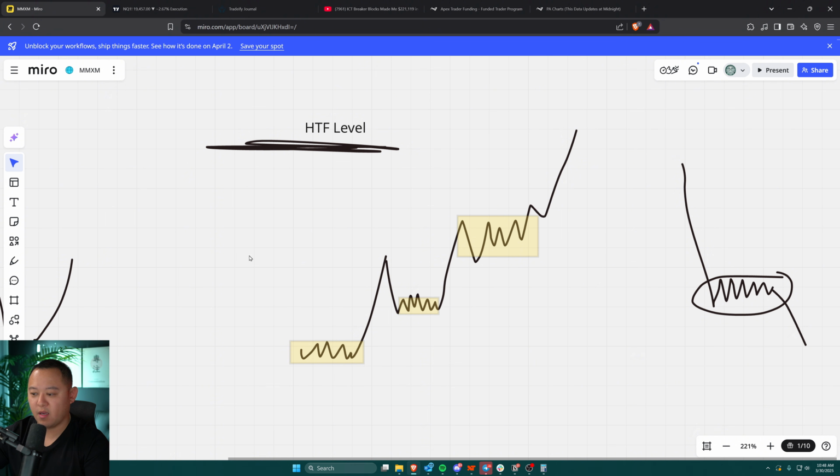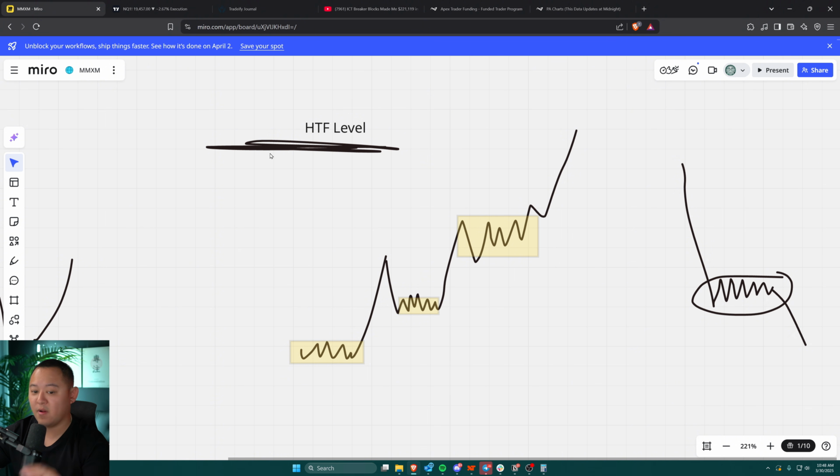Now, your time frame is going to matter based on where you're identifying the market maker model. But the high time frame level will usually come from a time frame that's above where you're doing your analysis. So if I was identifying a market maker model on, say, the daily time frame, maybe I'm trying to identify a monthly high or low, or a quarterly high or low.